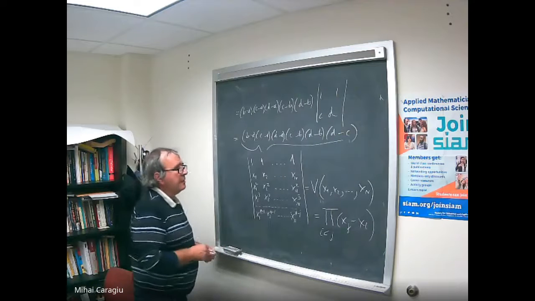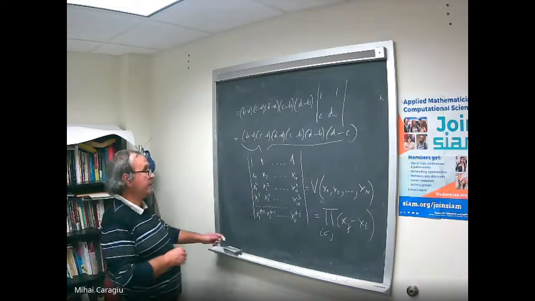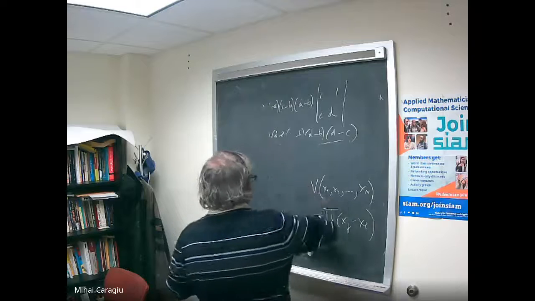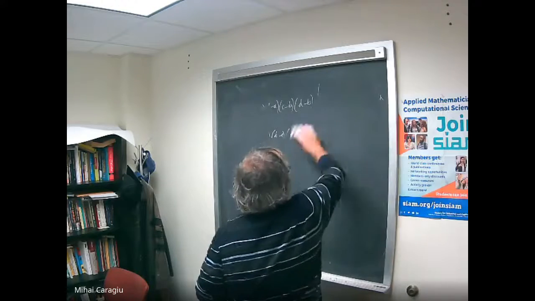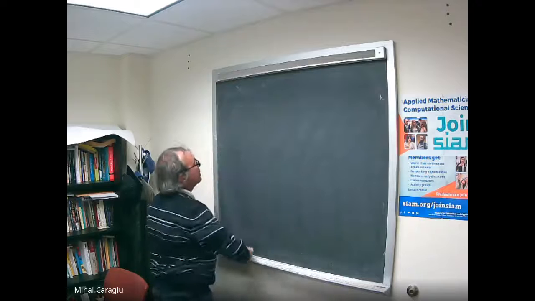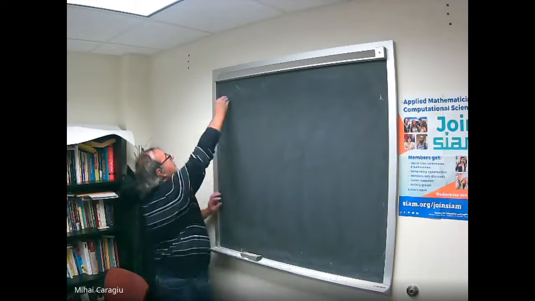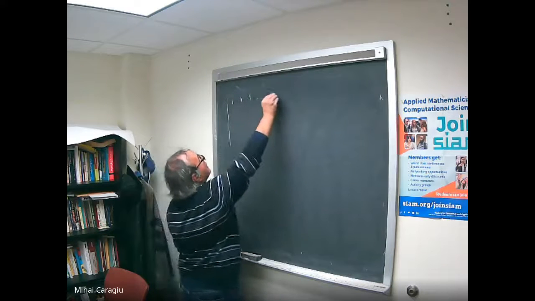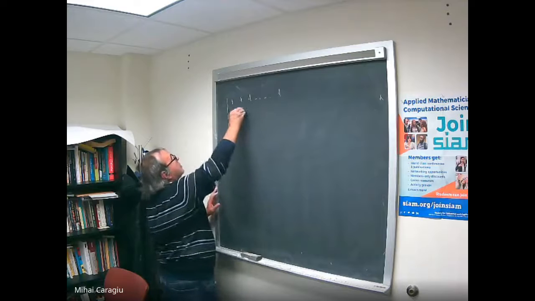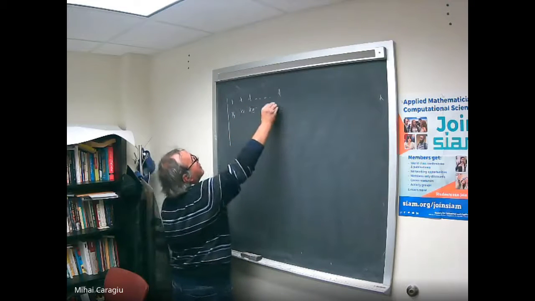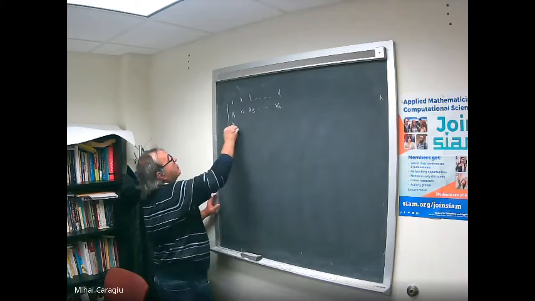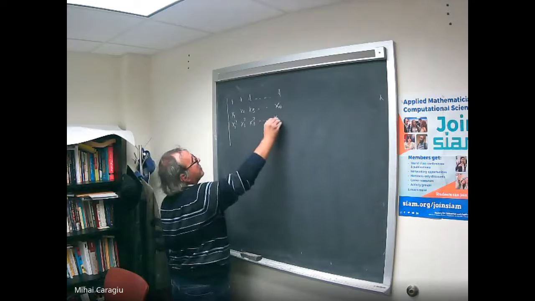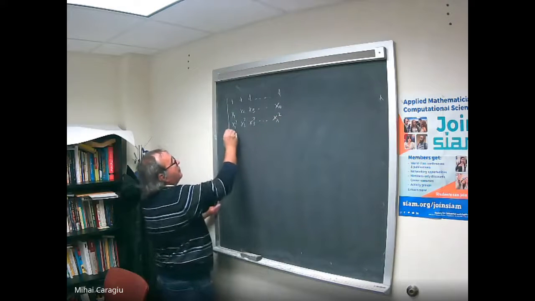Okay, so how to prove this by induction? So let's try to mimic a formal proof outline. The determinant of 1, 1, 1, 1; x1, x2, x3, xn; then x1 squared, x2 squared, x3 squared through xn squared. Let's write down a couple at the bottom.